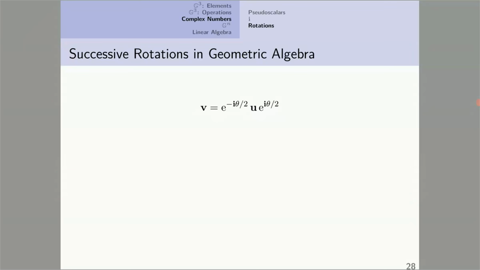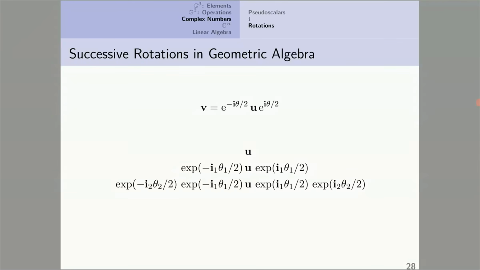I want to apply our formula to successive rotations in geometric algebra, one rotation after the other. So we'll start with a vector u, say, and we'll apply a rotation to it by an angle I1 theta 1. I've used the exp notation here rather than the superscript notation. We'll follow this with a rotation by a bivector angle I2 theta 2, yielding this.